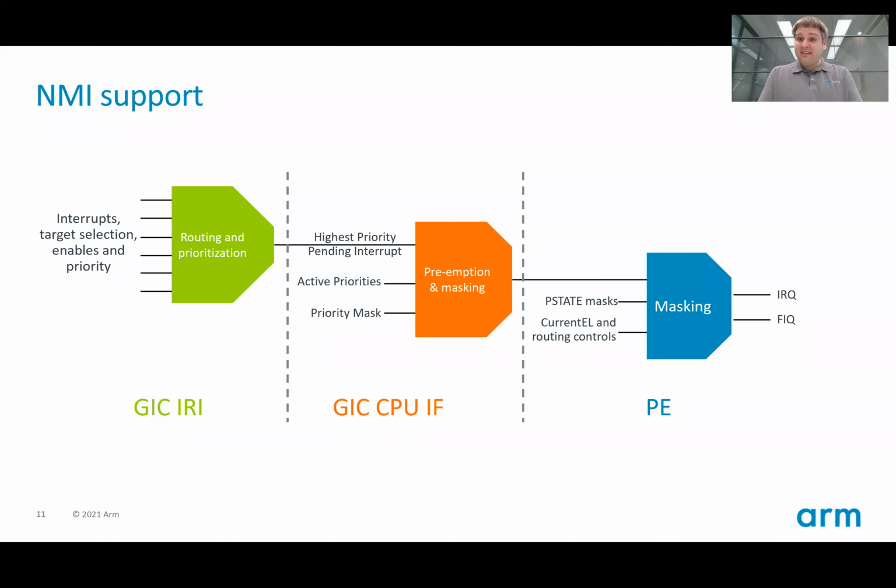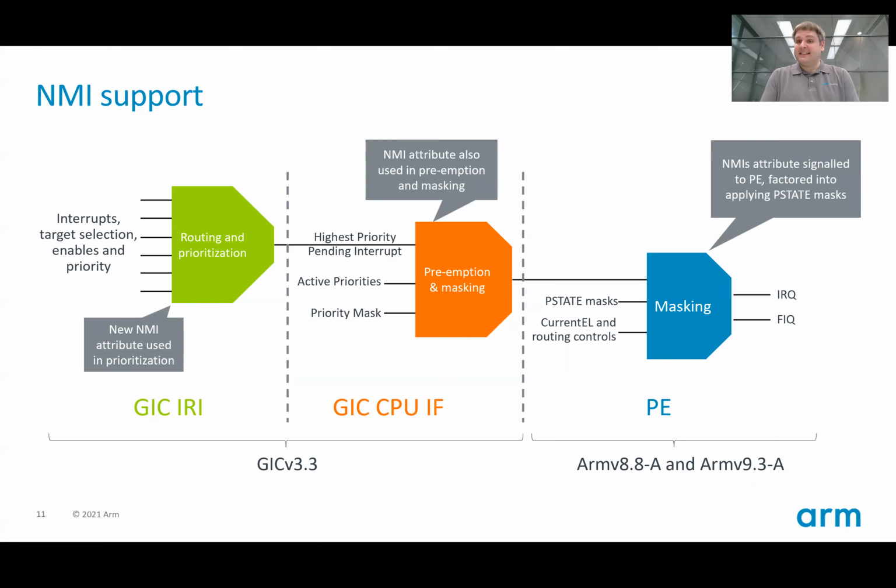Here's my very high-level diagram of how interrupts work in an ARM-based system with a GIC and a CPU. We have the system-level GIC, which we call the IRI in our manuals. This is responsible for prioritization and routing. Then the GIC CPU interface, which is the interface you work with to handle an interrupt, and the CPU or PE, processing element.